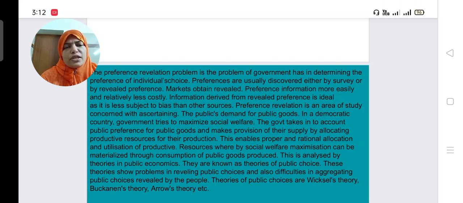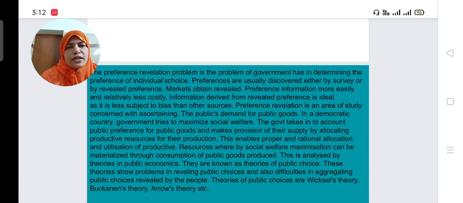But it is very difficult for the government to find out the choice of society because in most cases the government provides free goods.